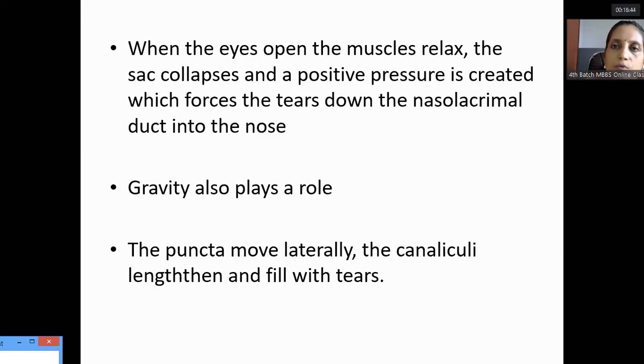When the eye opens, the muscle relaxes and the sac collapses, and positive pressure is created, which forces the tears down the nasolacrimal duct into the nose. Gravity also helps in this role. The punctum now moves laterally and the canaliculi lengthen and fill with tears.